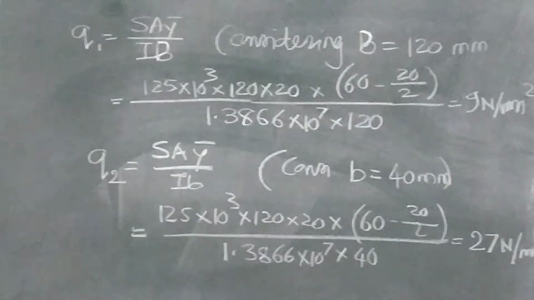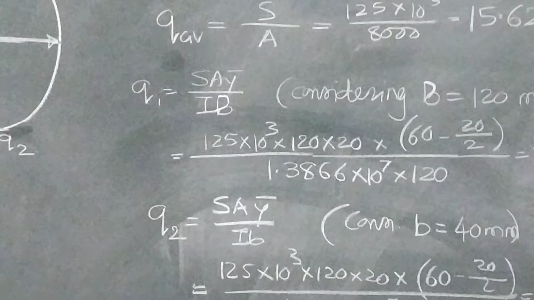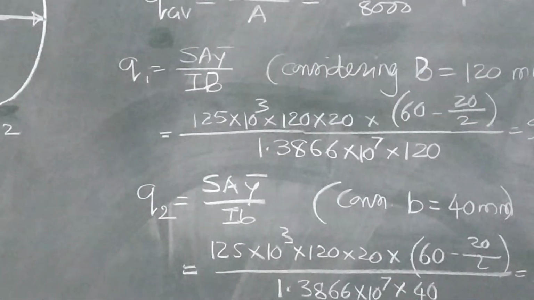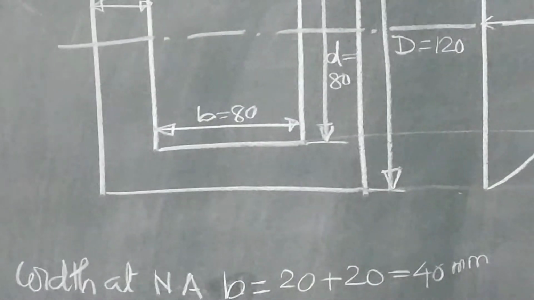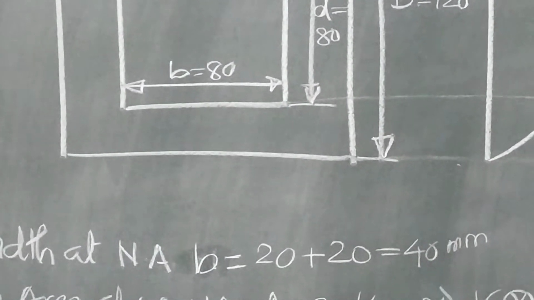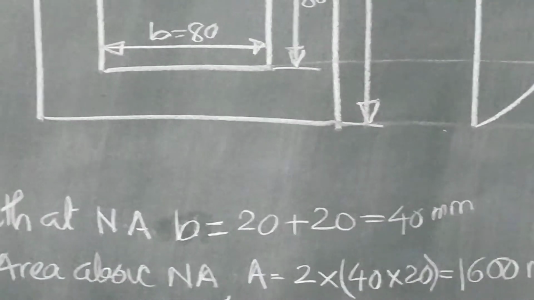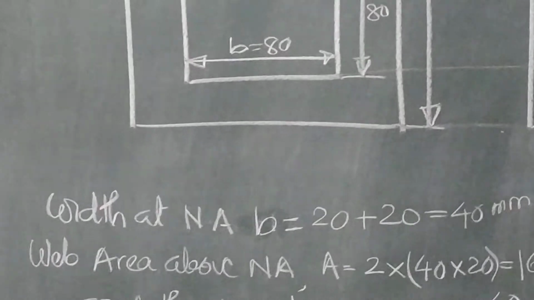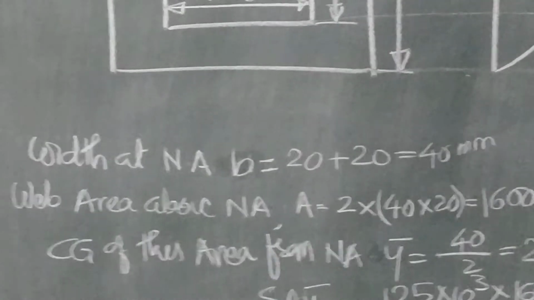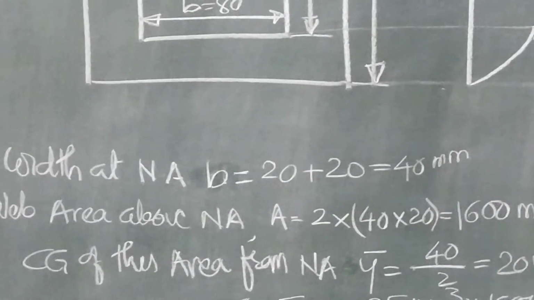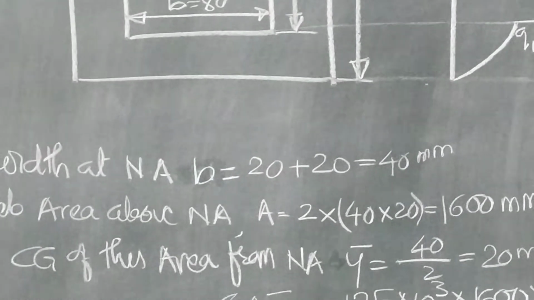The first one is Q1, second one is Q2. Now we have to find out Q additional in order to find out Q max. So width at neutral axis B is equal to 20 plus 20 because thickness given is 20, so that is 40 mm. Web area above neutral axis, area is equal to 2 into 40 by 20, that is 1600 millimeter square.